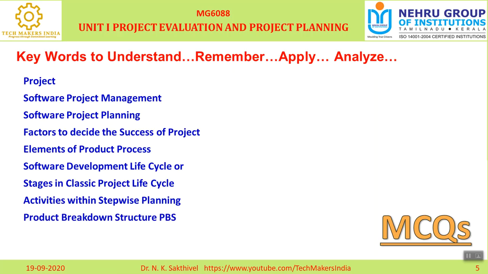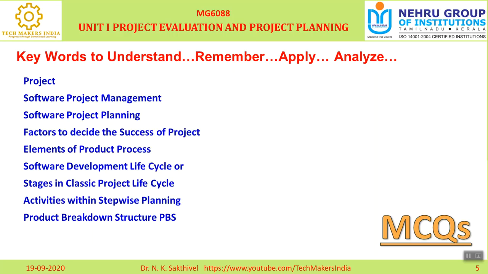And the next one is breakdown structure. The main difference between the product breakdown structure and the work breakdown structure is that the product breakdown structure focuses only on the physical elements of the product.